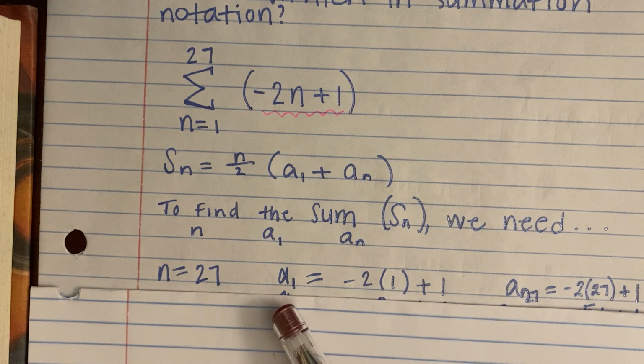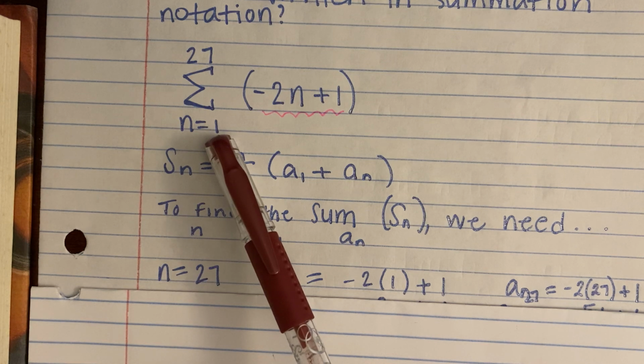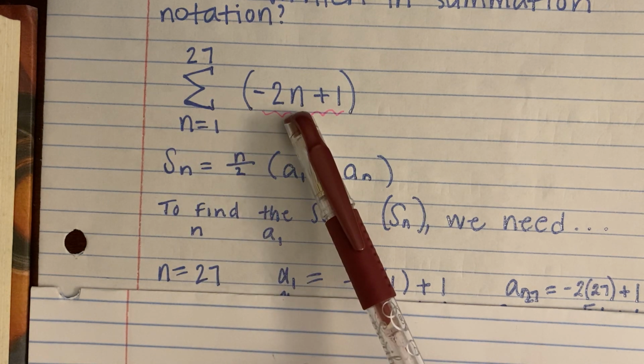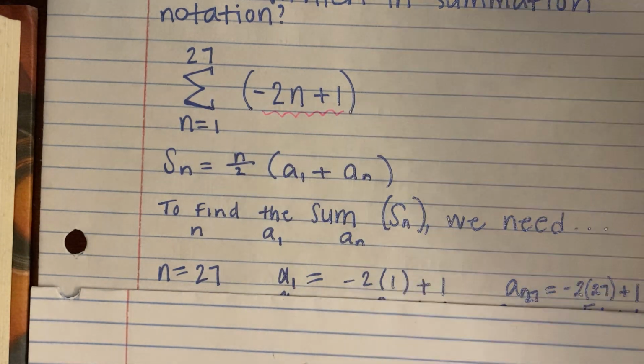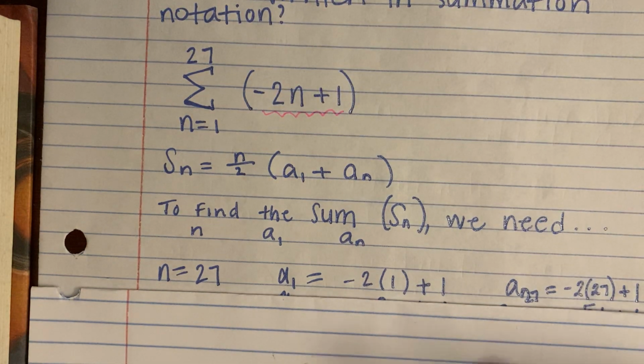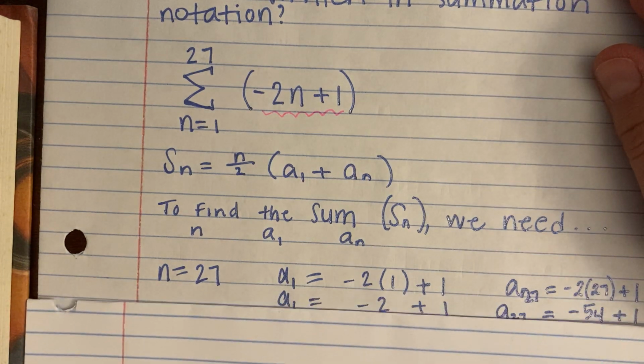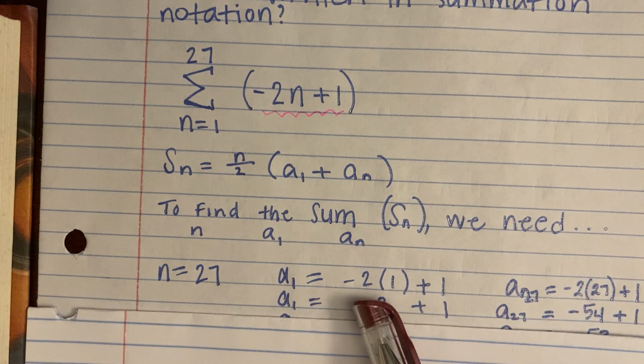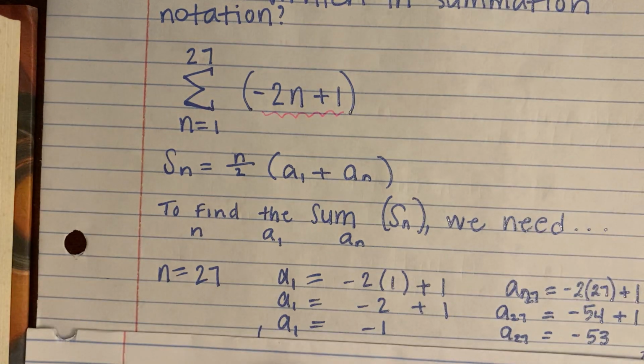I can solve for the value of the first term by substituting 1 for n and then simplifying. We're using this arithmetic sequence formula, and I'm substituting 1 for n. So -2 times 1 gives us -2, and then we'll add 1. The value of the first term in this series is -1.